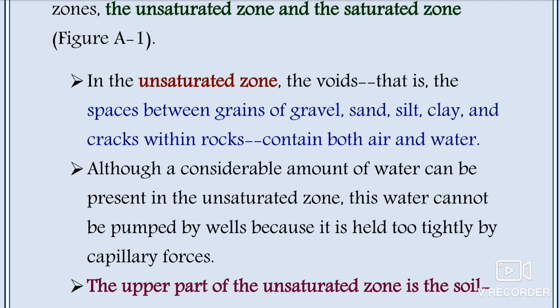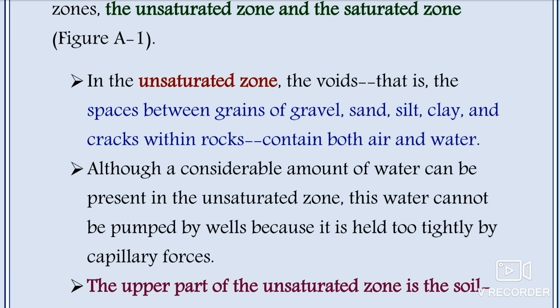We have also talked about the zone of saturation, which extends from the water table downwards. In this zone, all the pore spaces of rocks are completely filled with water. There is no space for air.